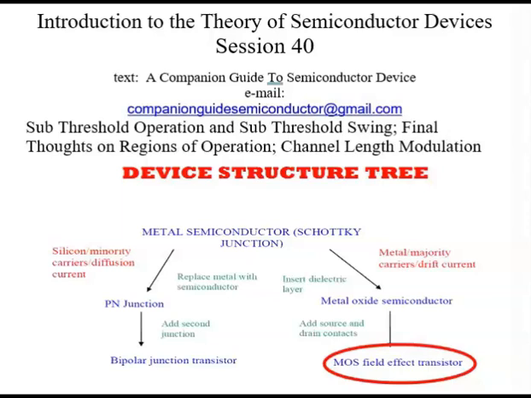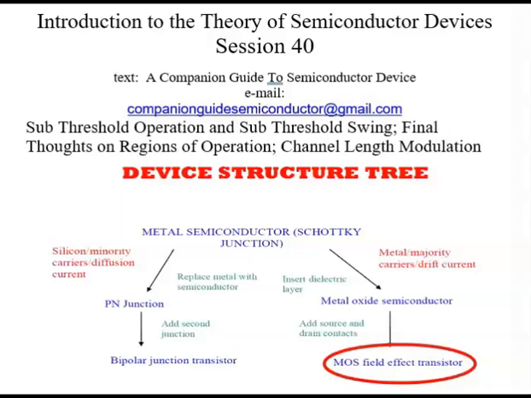In today's session, we're going to be continuing our discussion of the MOS field effect transistor, the MOSFET, and we'll be continuing our discussion on some of what one would consider generally as second-order effects, generally not discussed in a very basic course. We'll be looking at sub-threshold operation and specifically sub-threshold swing.